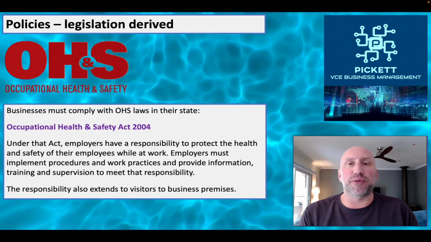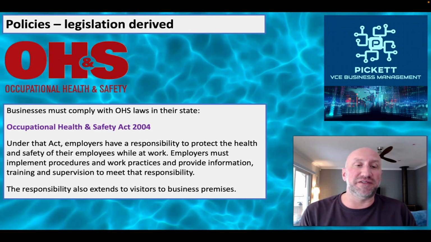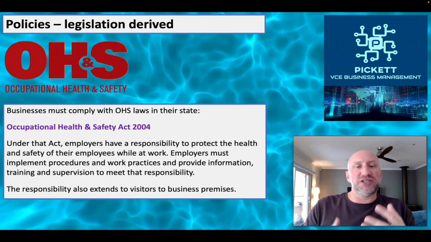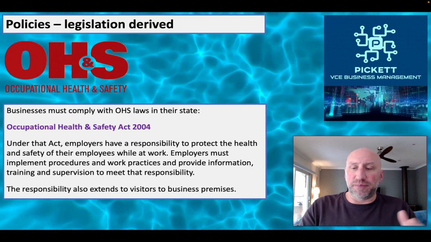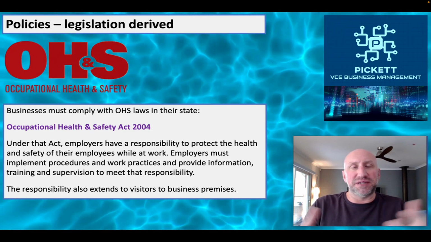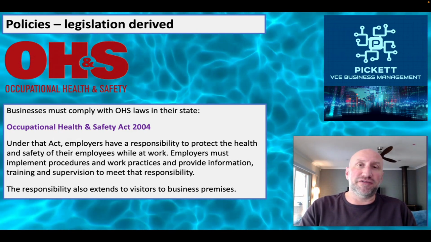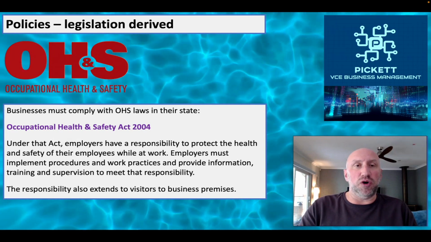But as a business operator, you have a legal responsibility to protect the health and safety of your employees whilst they're at work. That responsibility actually also extends to visitors to your business premises as well. For the time being, we don't need any more than that, but you'll understand that concept, I think, particularly if you have a job yourself, you will be aware of the OH&S requirements in your workplace.